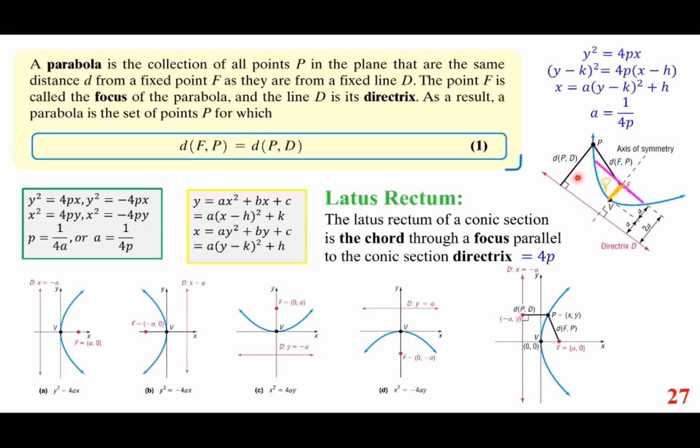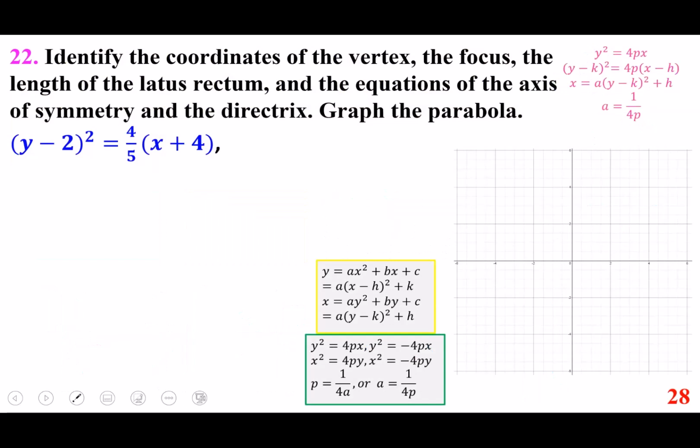So y squared equals 4px, y minus k quantity squared is 4p times x minus h. x equals a times y minus k quantity squared plus h, and what matters, a is 1 over 4p. So you don't have to memorize anything new. As long as you remember the intermediate algebra, you're in good shape.